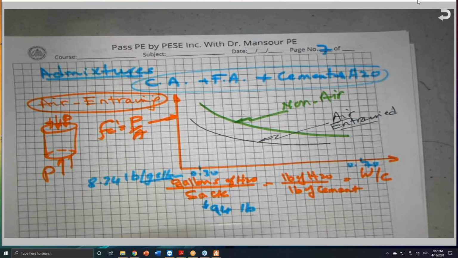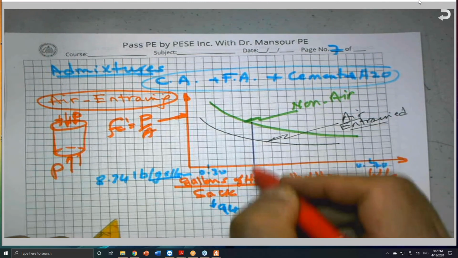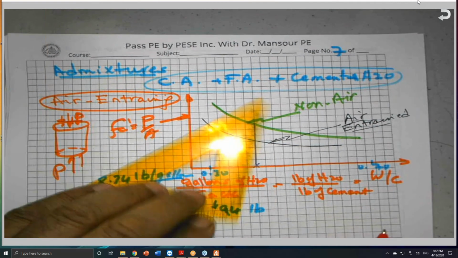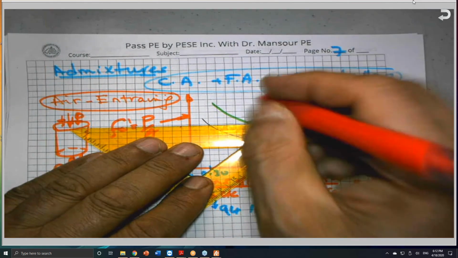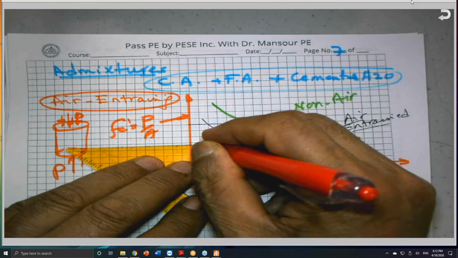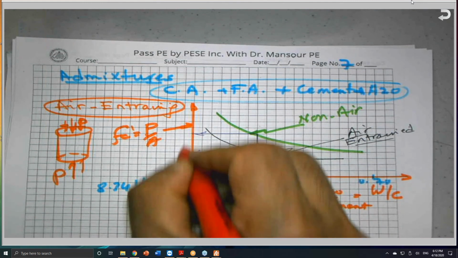So for any given water cement ratio, whatever the number is, 0.4, for non-air I'm getting higher strength versus the number I'm getting from here, because the strength is increasing this way.